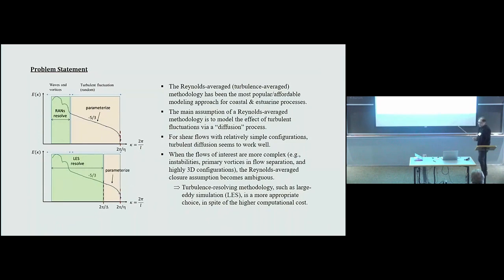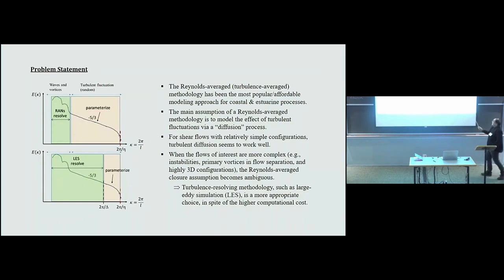The main assumption in the Reynolds average approach, however, is that it models the effect of turbulent fluctuation on the resolved mean flow using a diffusion process, hoping that this diffusion is doing a good job on the resolved mean flow vortices, for example.